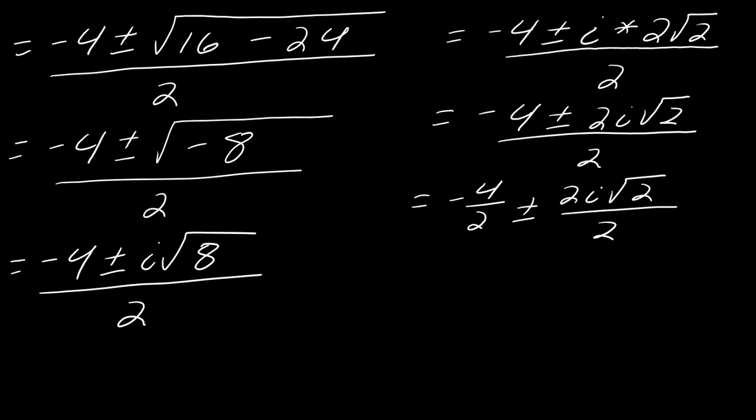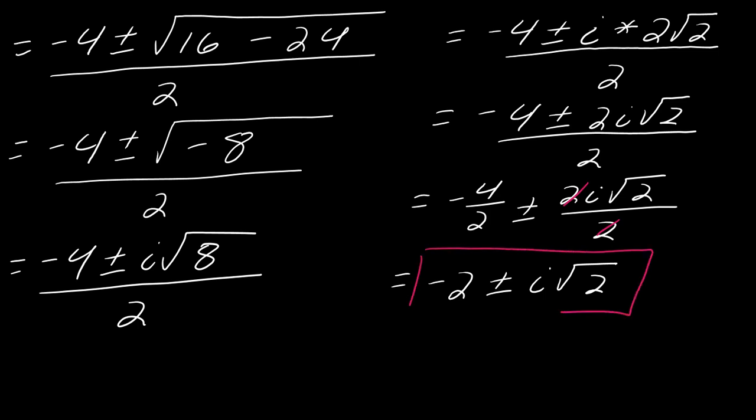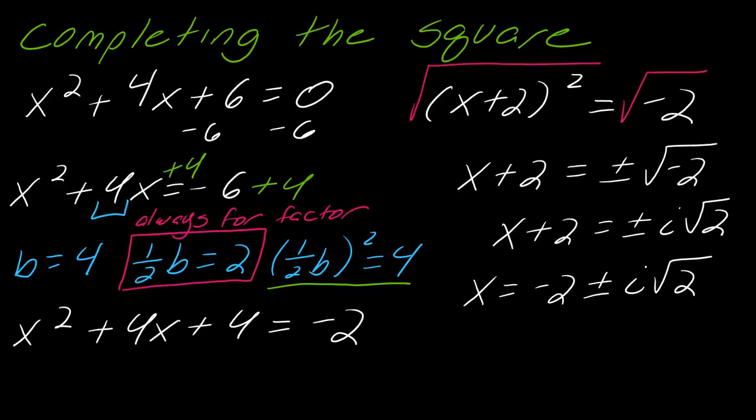Because now that I've broken this up, I can see that negative 4 over 2 equals negative 2. And then in this other case, these 2's will cross out. So this becomes i times the square root of 2. And so here is my answer, negative 2 plus or minus i times the square root of 2. And hey, wasn't that exactly what we found back here when we completed the square?